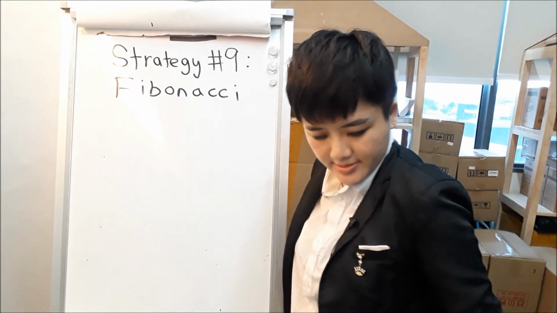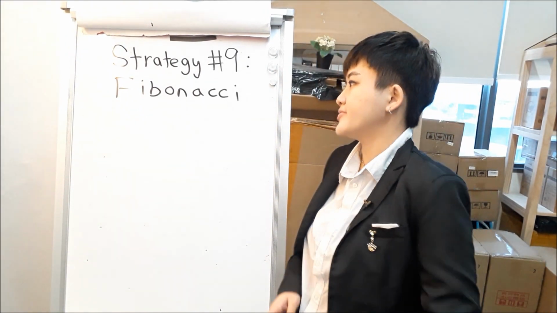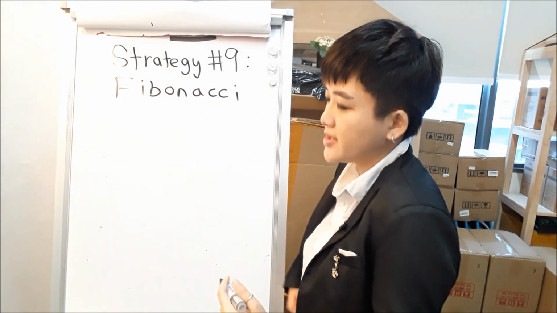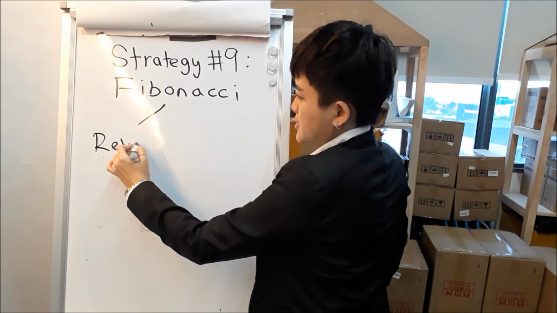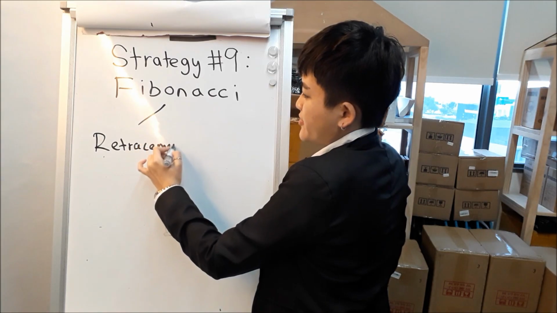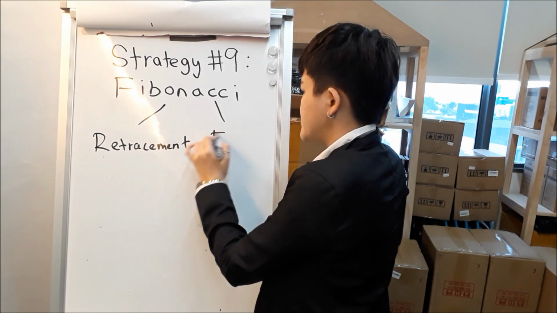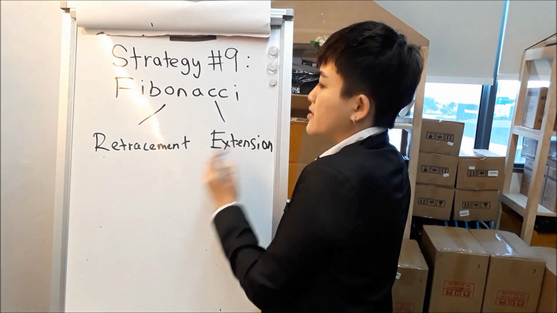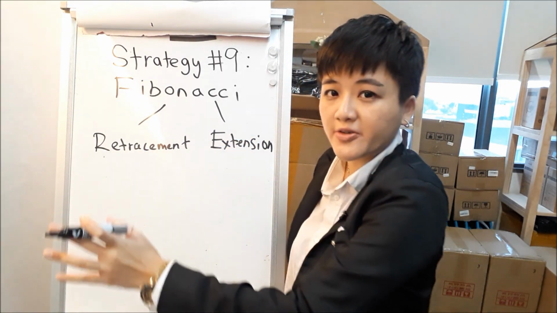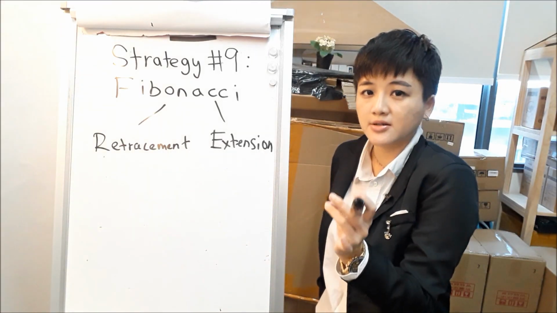So the next way you can set your TP target is using Fibonacci. So Fibonacci, there are two main types. The first one is retracement, Fibo retracement. The second type is Fibo extension. Now some people use retracement for taking profit. I prefer to use it to enter on my trades.